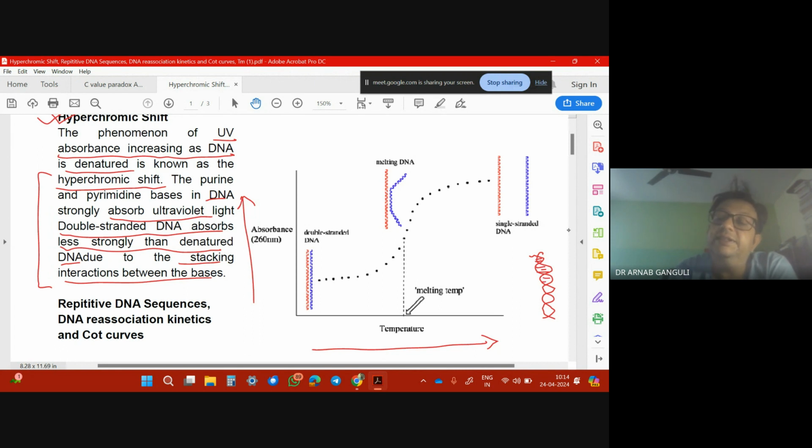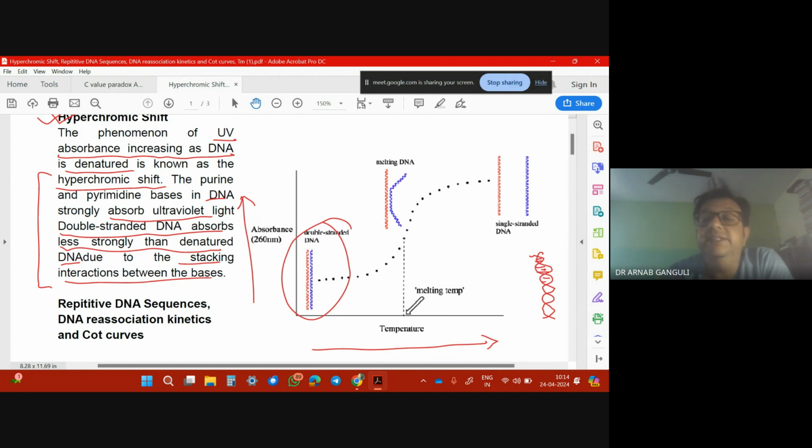So there is this stacking one upon the other, and in that case this absorbance is actually lower. You can see this double-stranded DNA is giving a lower absorbance. Then as the temperature increases, the DNA melts down, and gradually the double-stranded DNA becomes single-stranded.